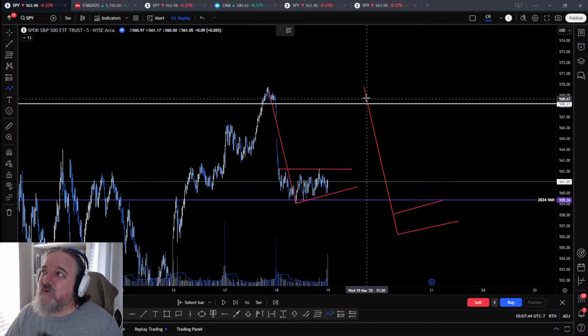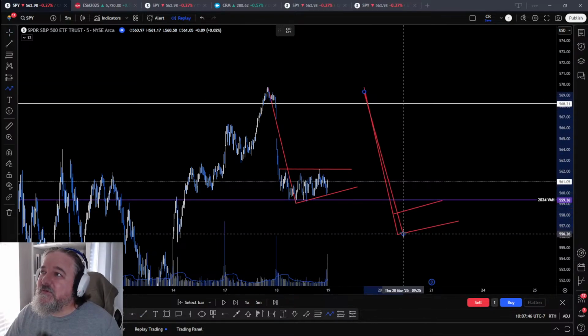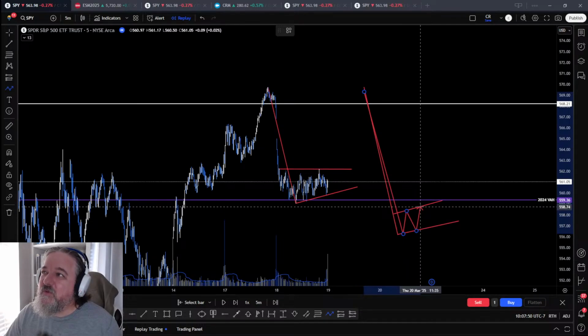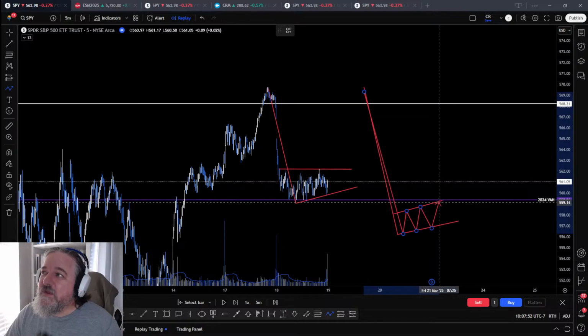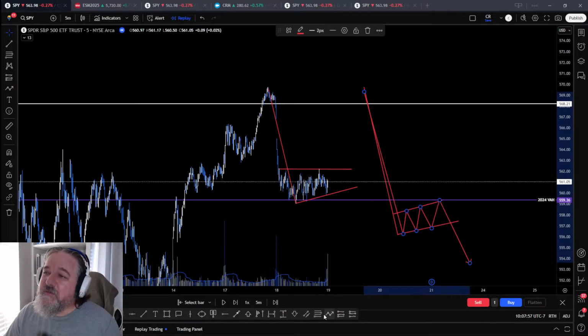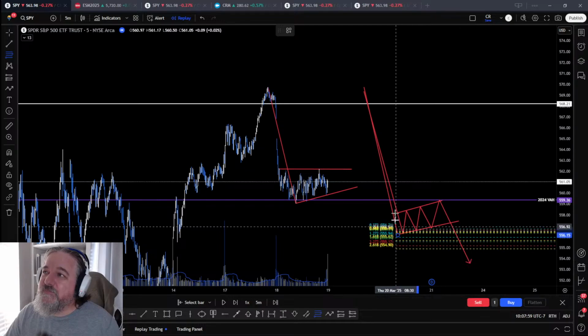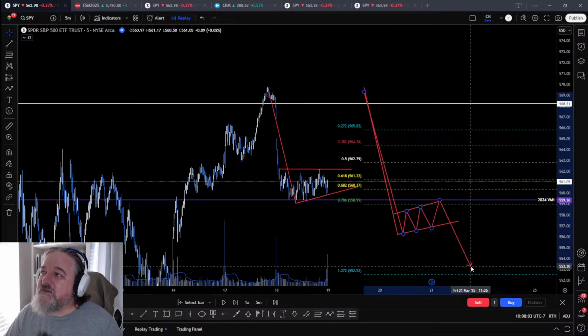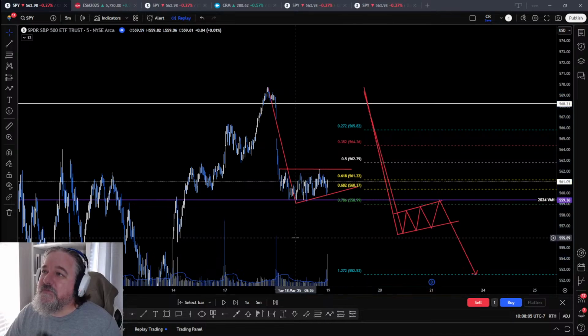What we're looking for is for price to come down, spend at least 3 5-minute candles below our level, retest it, and then we enter short, and we would be targeting the 1.272 level. So we're actually looking for that, right?